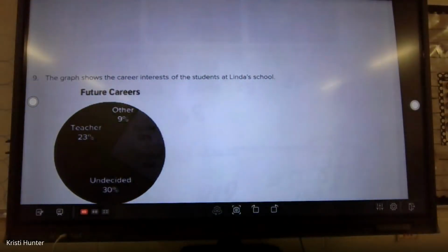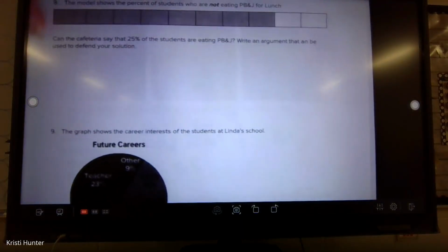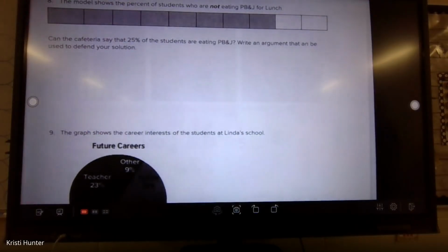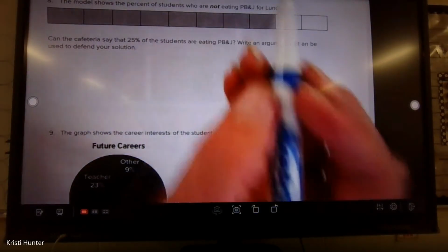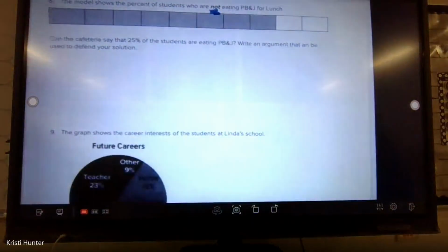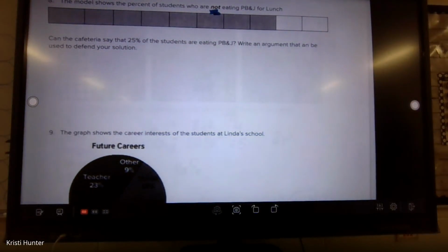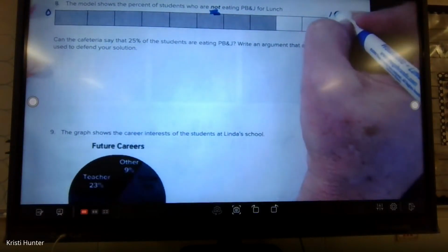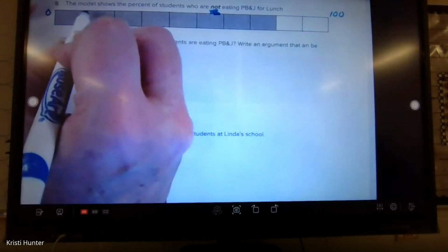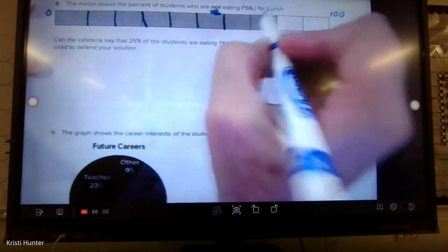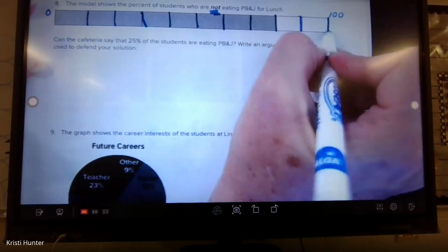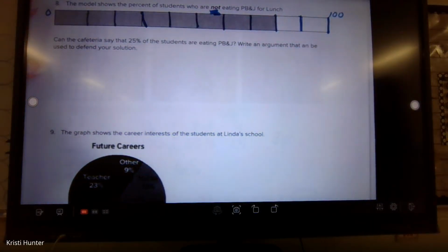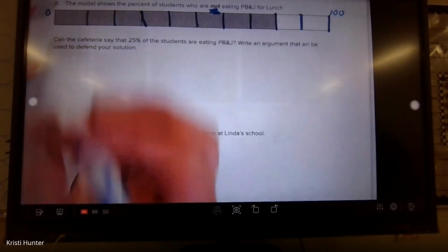The model shows the percents of students who are not eating PB&J for lunch. So let's look. We just talked about bar diagrams. They go 0 to 100, and there are 1, 2, 3, 4, 5, 6, 7, 8, 9, 10, which means this bar diagram is counting by tens.